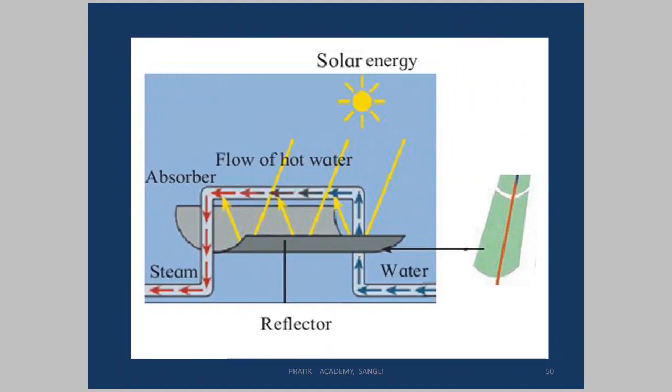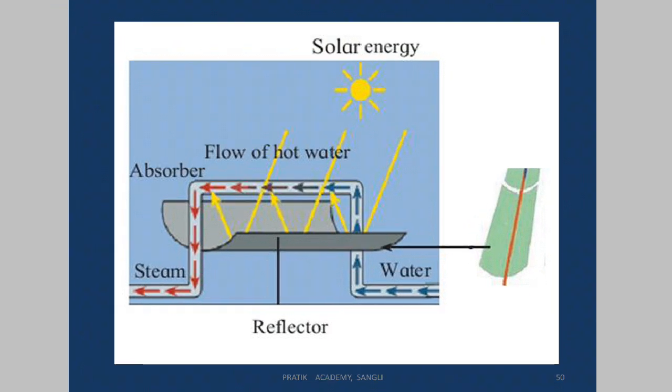Here in detail, as we have discussed, water is coming from the pump and flowing through this tube, or absorber tube. When sun rays fall on this reflector, after reflection they are concentrated on this tube, and energy from sun rays is absorbed by water.